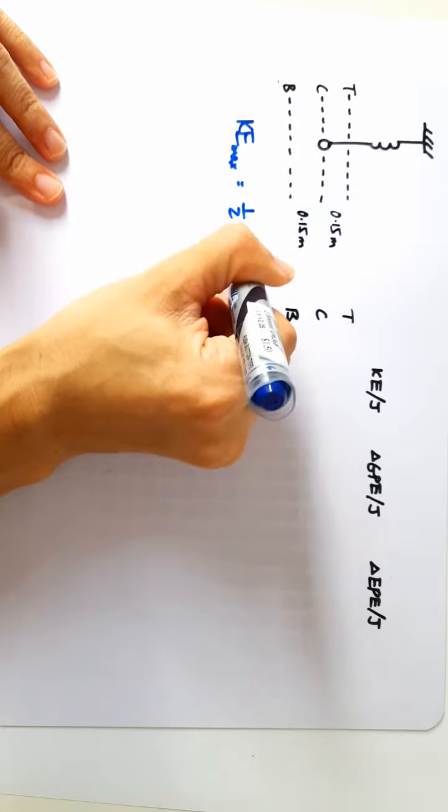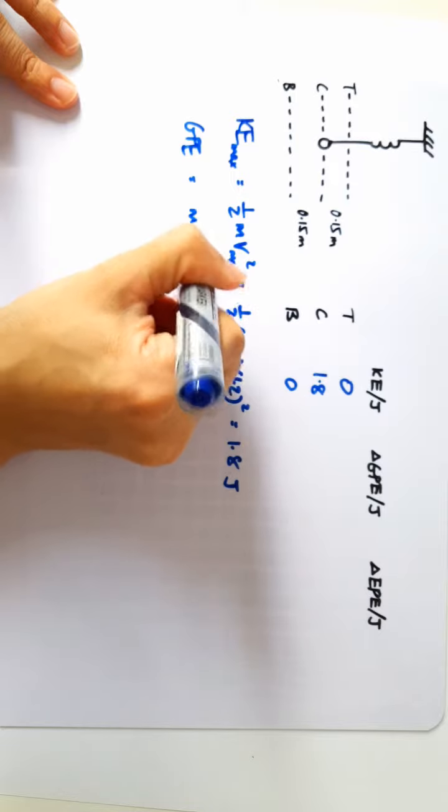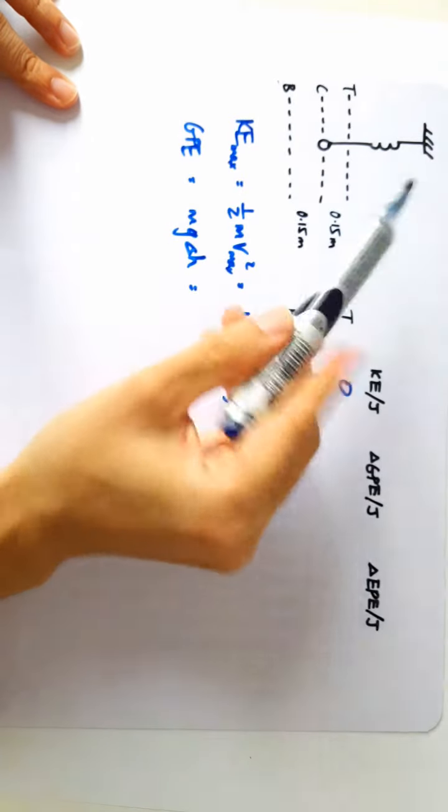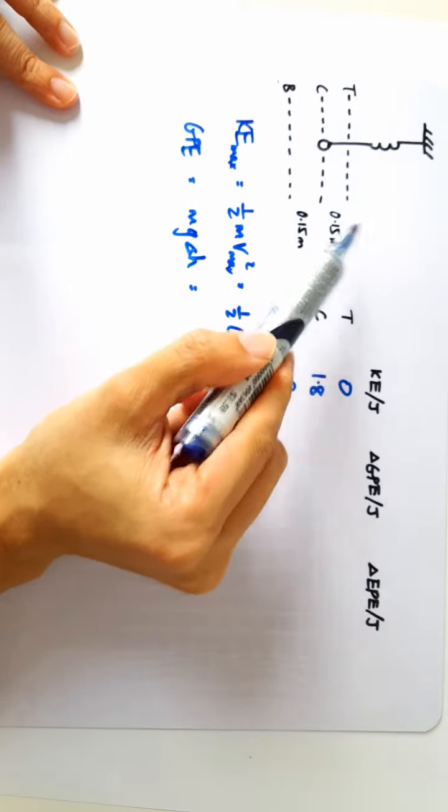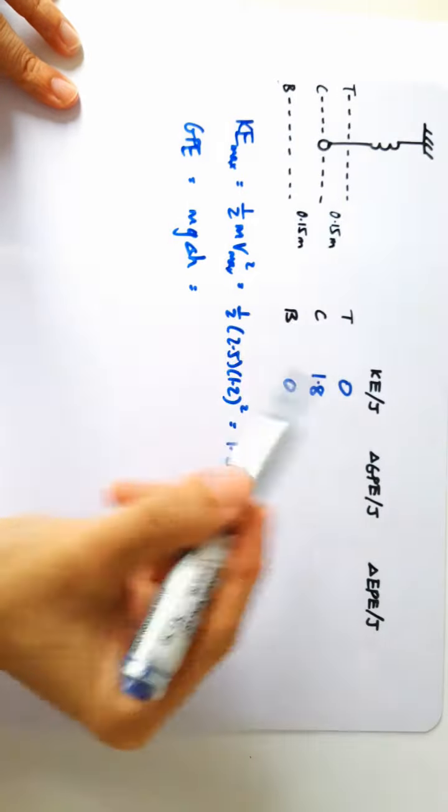Next, we'll talk about the changes in the GPE. Since the amplitude is 0.15 meters, going from the equilibrium position to the extreme position is going to involve a change in vertical height of 0.15 meters.